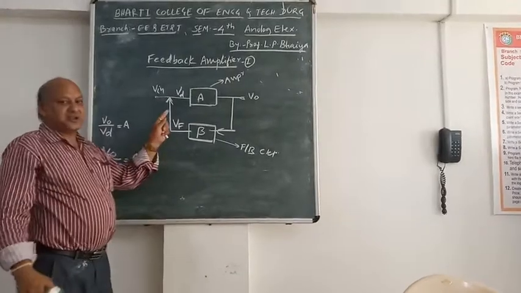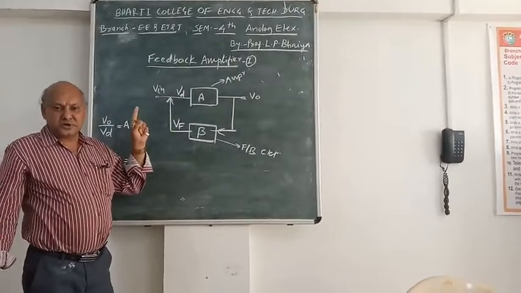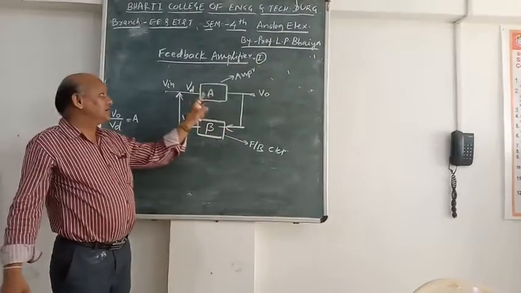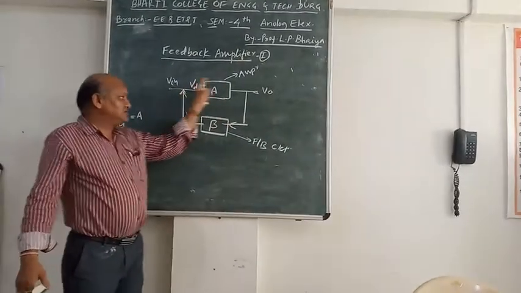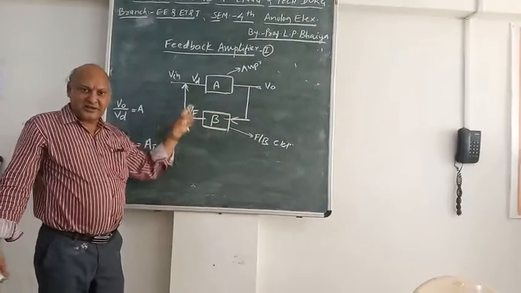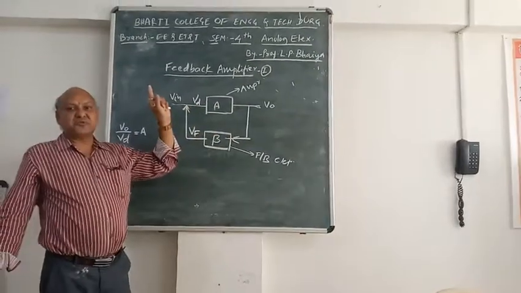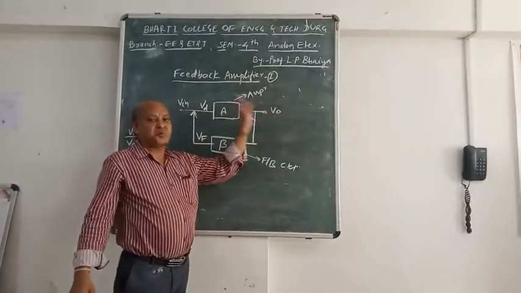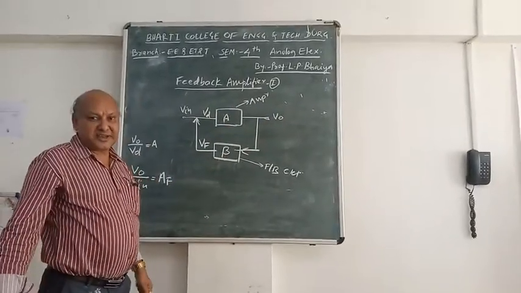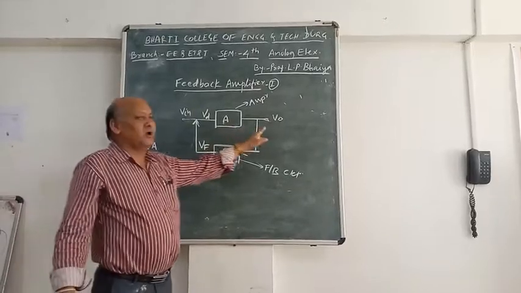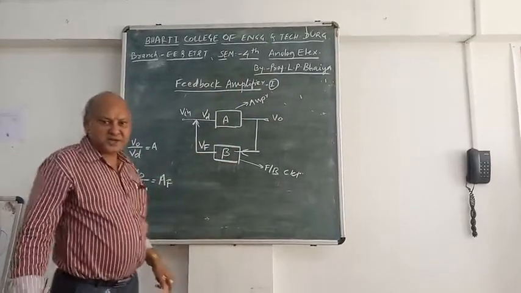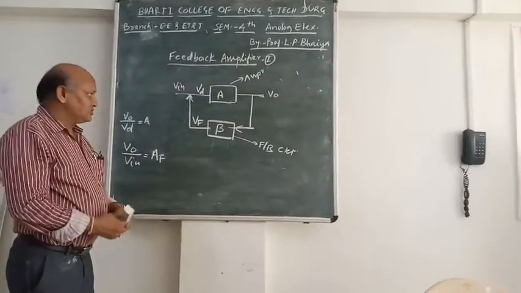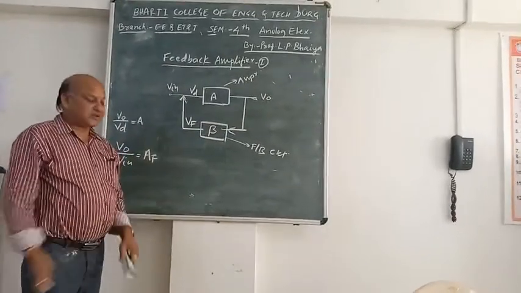In automatic circuits, with the application of feedback, the amplifier will continue automatically till Vd becomes equal to 0. This is called the error voltage. When this error voltage becomes 0, the output will be stabilized and set, and this output will work for the other instruments, devices or industry connected to it. So this is the main feedback circuit.